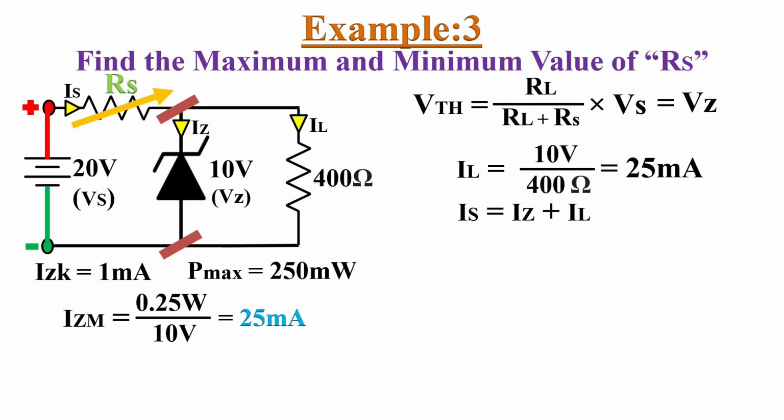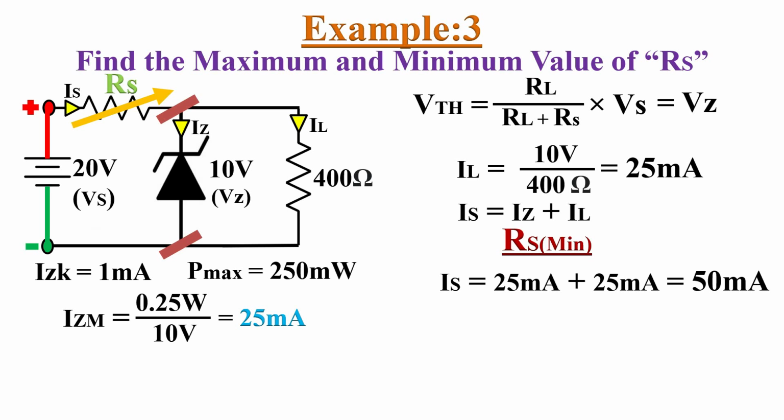Similarly, we will find the minimum value of this Rs. Here we will get maximum flow of Zener current when this Rs value is at minimum. So to find out Rs minimum, we will take this maximum Zener current Izm value of 25 milliamperes. Now Is equals 25 milliamperes of Izm plus 25 milliamperes of IL.